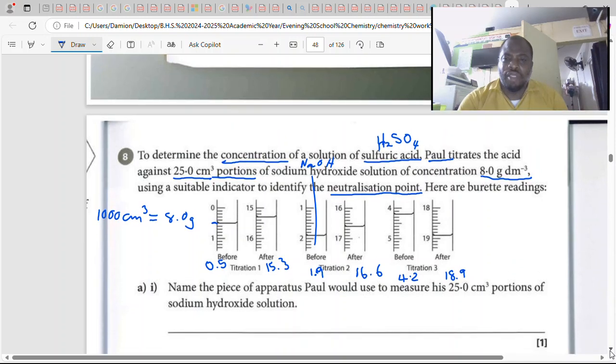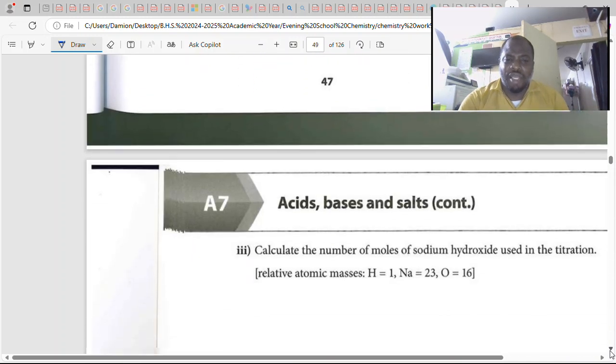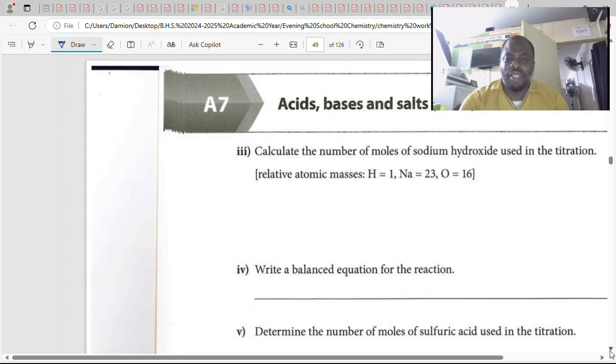So I'm going to do it using the last method. Probably we can do it using both methods just to show you that it will work out.